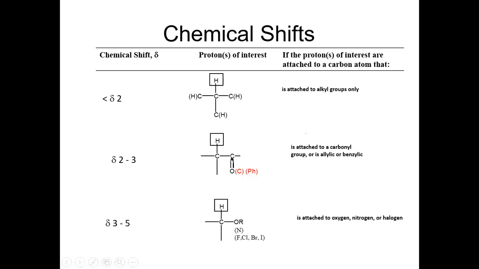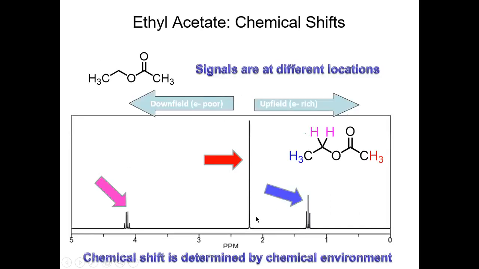So if you stick an sp2 carbon right here, then boom, now it shows up between 2 and 3. And you can see that here, right? This is almost, I mean, say 2.1, 2.2. And that's this red set of protons right here, on a carbon adjacent to a carbonyl, right? That's why it shows up here.